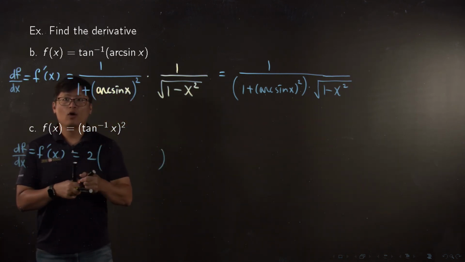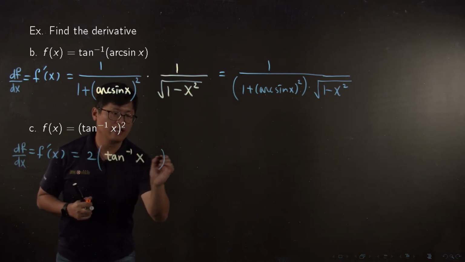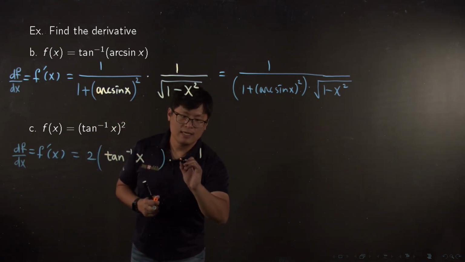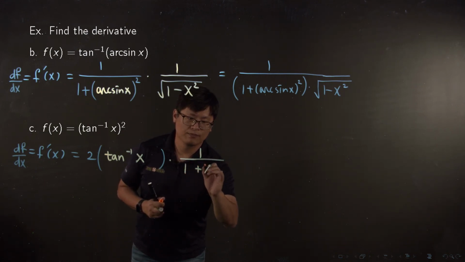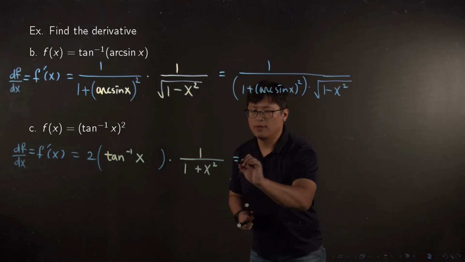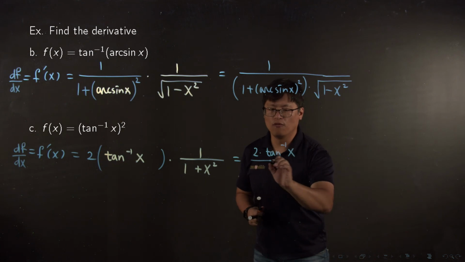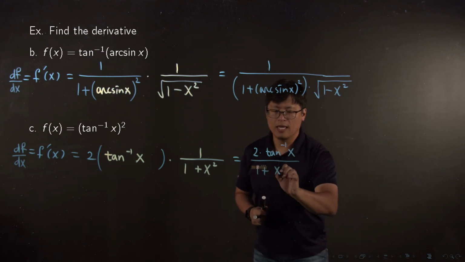Then we write the inside function, which is arc tangent. Then you have to multiply by the inside function's derivative. That's it. If you want me to rewrite this, it can be written as 2 tangent inverse x over 1 plus x squared.